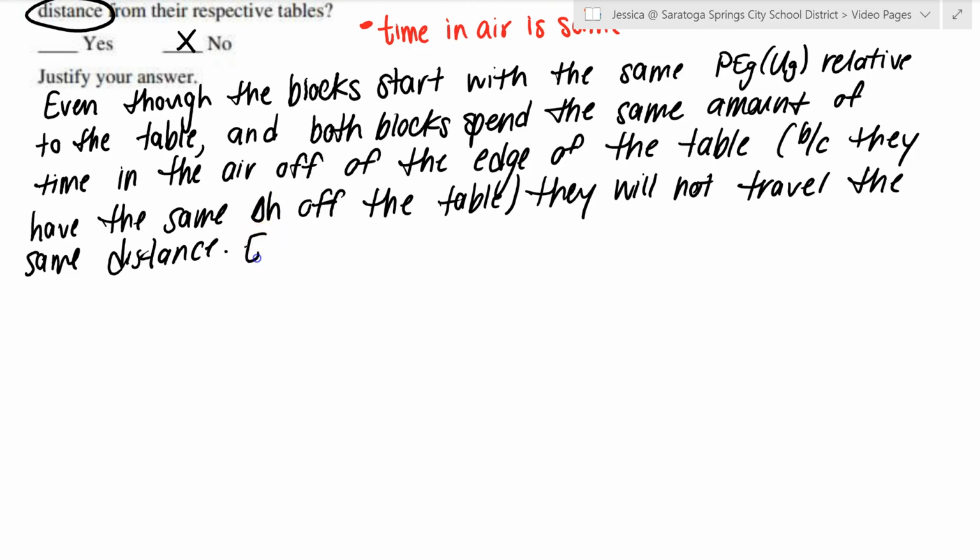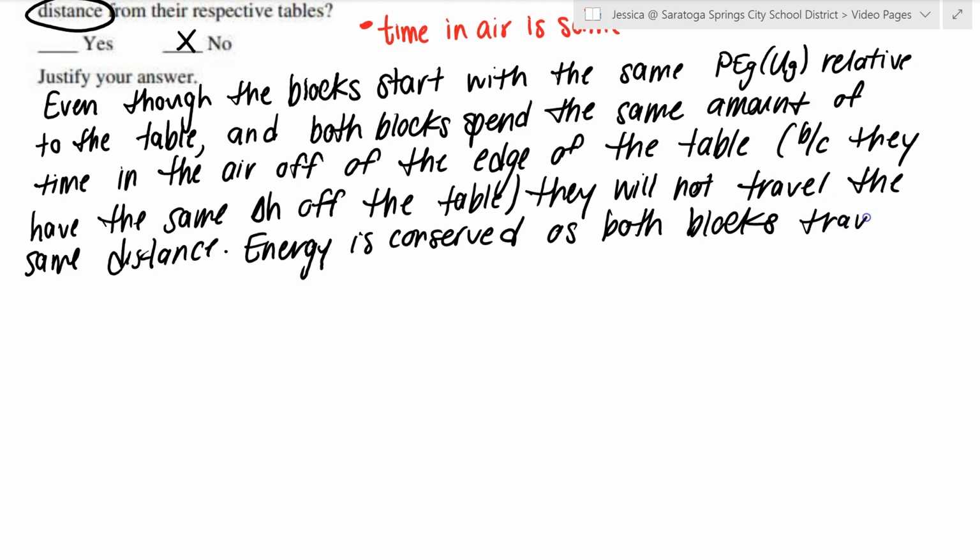Let's actually say energy is conserved as both blocks travel down the ramp. If there are any physics principles involved in your problem, you should directly mention them by name. So energy is conserved as both blocks travel down the ramp.